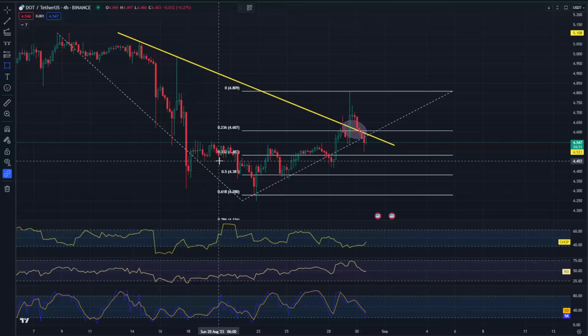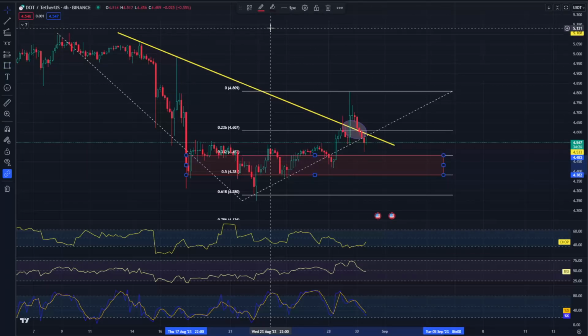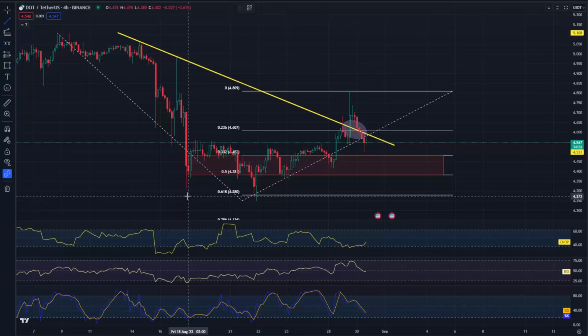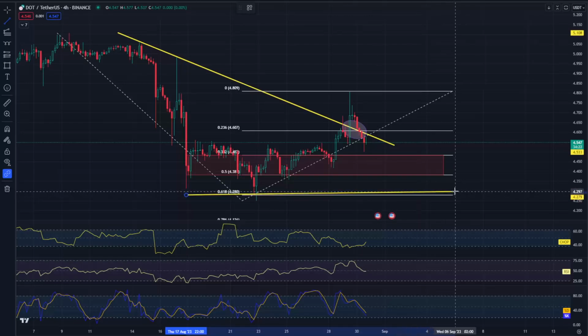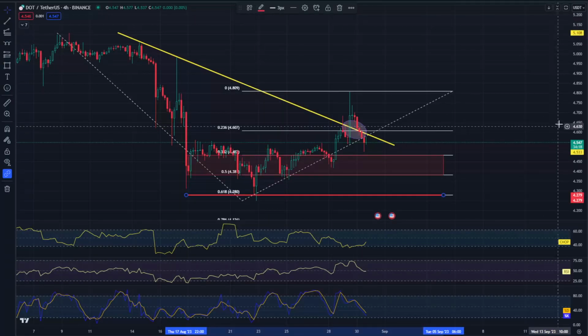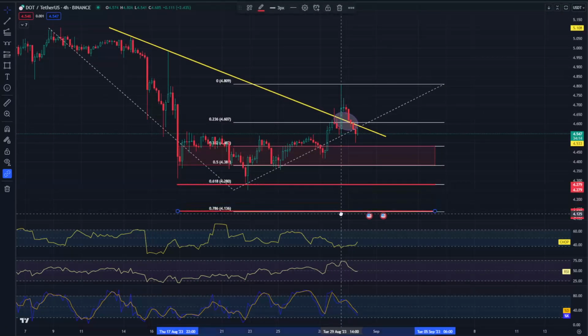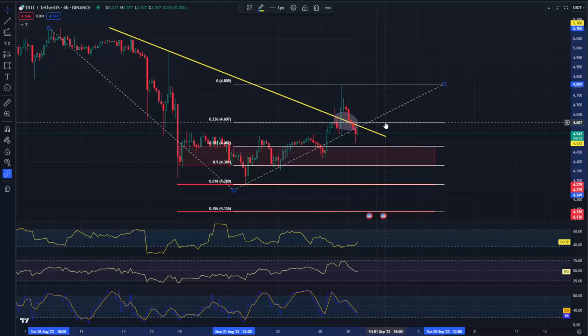And here we first have a support zone from $4.48 to $4.38. Then we have strong support at $4.27. Then another support at $4.13.